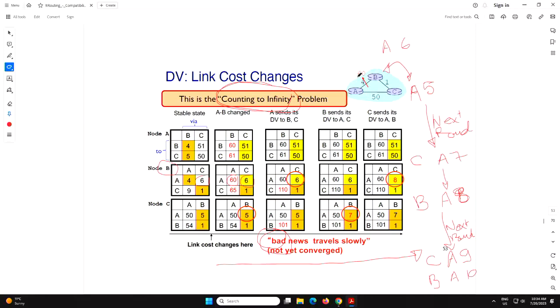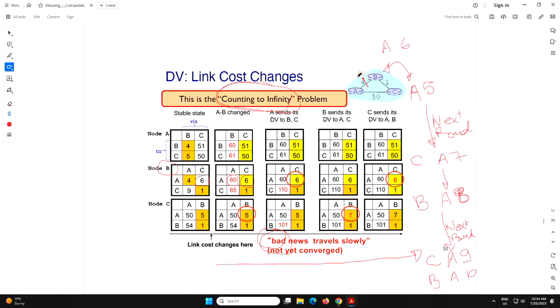Yeah, you are always choosing the minimal cost, and B doesn't have the necessary intelligence within the protocol to understand that C is actually relying on B to give this information, that I can reach A quicker because of your previous routing table that you sent to me saying that you could reach A with 4, right?